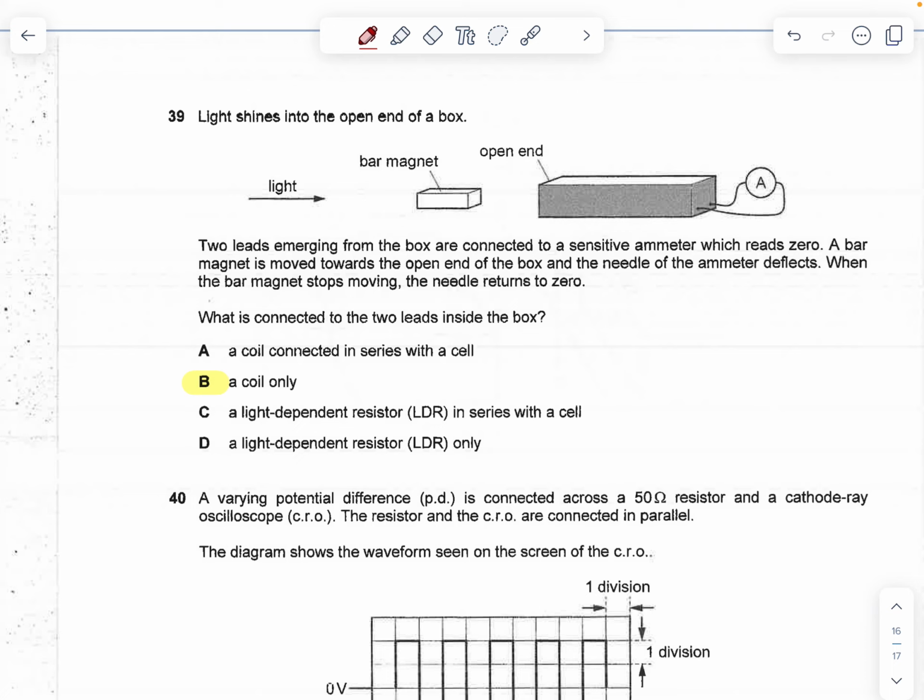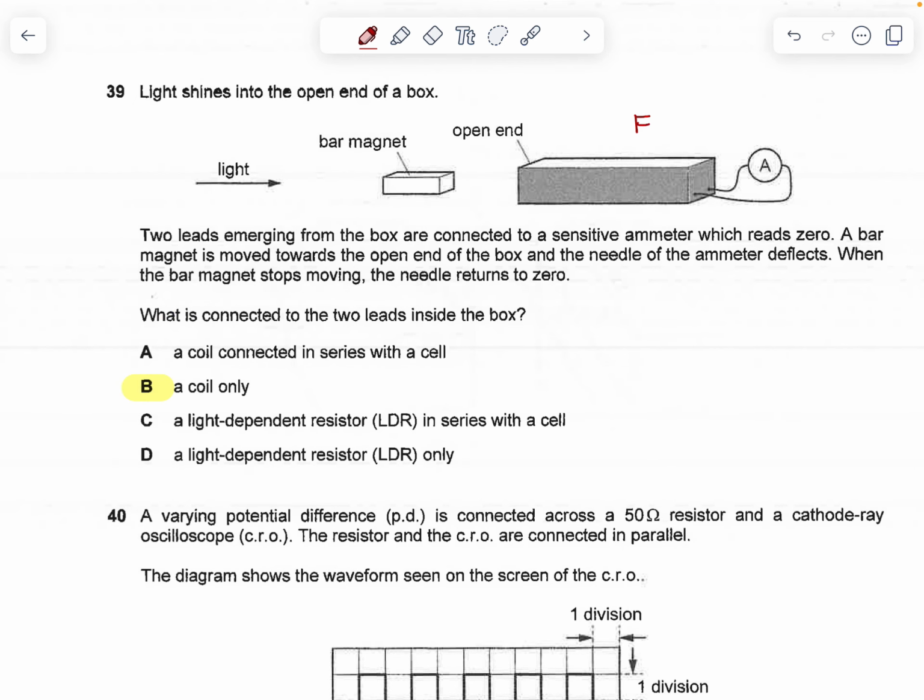Question 39. A light shines into an open box and there are two leads connecting to a box and a sensitive ammeter. Okay, so once the magnet moves towards the box, you see that the ammeter deflects. It's because of Faraday's law.